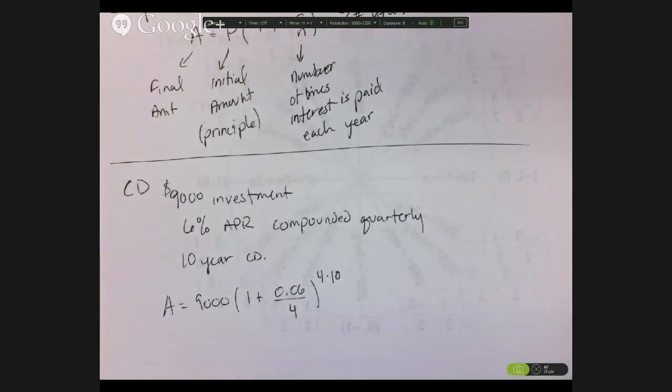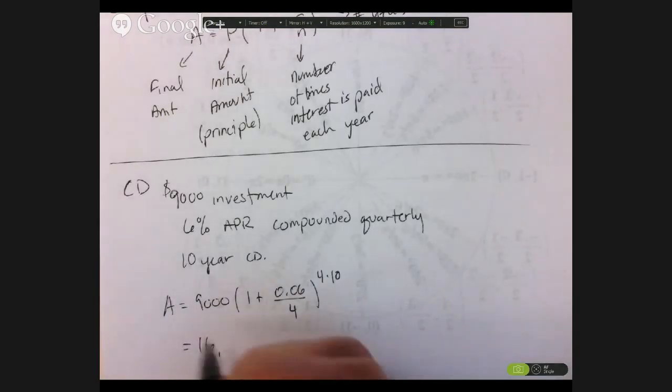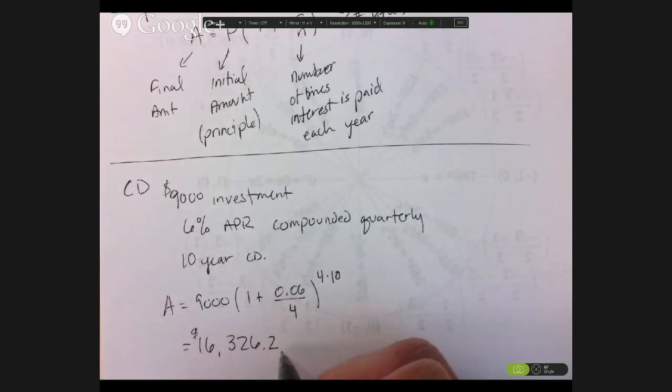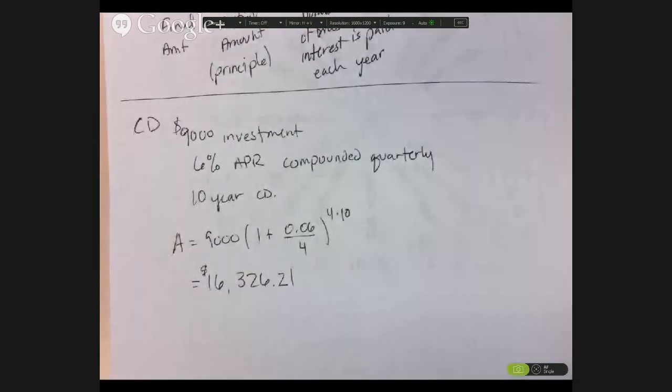I got 18,000. 16. Two what? 1. We are in money and we do go to cents. Right? Okay, so that's a basic finance question.